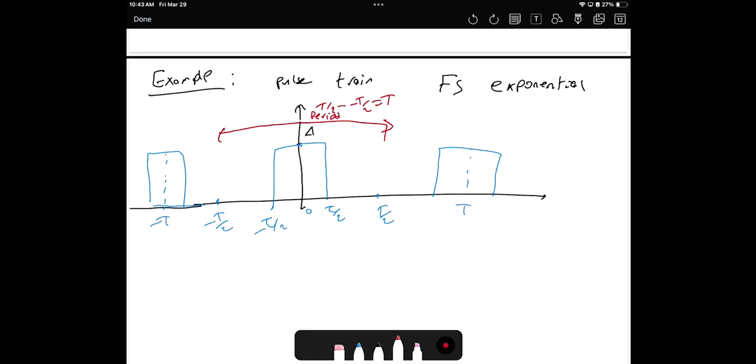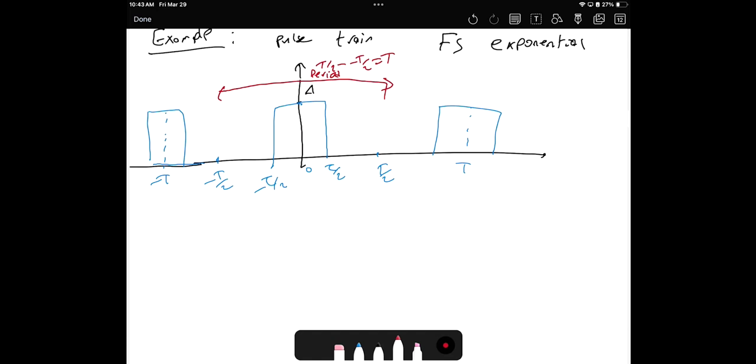During that period, x of t will be equal to A if t is bounded between negative T over 2 and T over 2 for one period, or 0 otherwise.